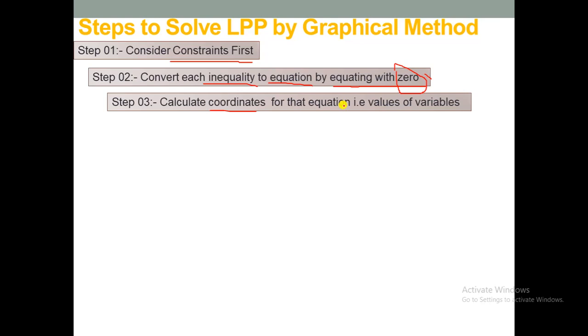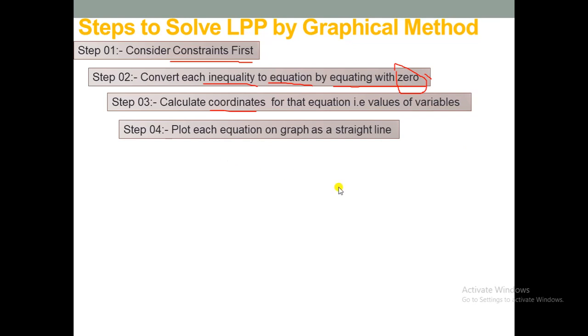Coordinates are nothing but the values of the variables. Keep in mind that we get the coordinates only for the constraints and not for the objective function.